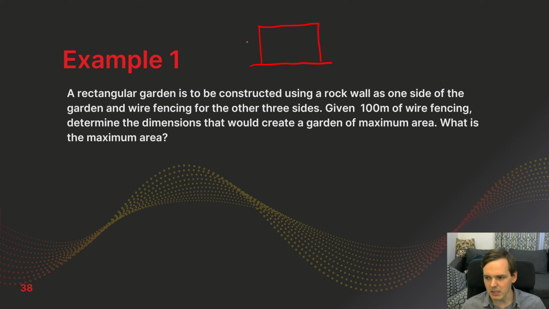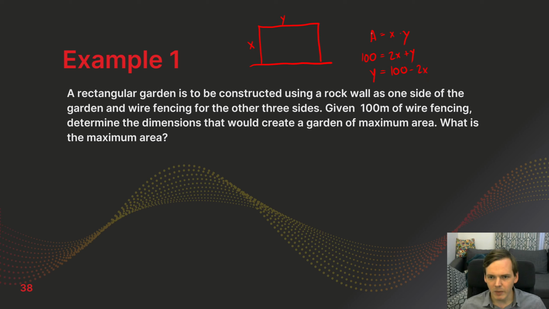As you've got that sketch in your notes, you can see that we'll just call these x and y. And so we know the area equals x times y, but we also know that 100 equals 2x plus y. Or in other words, as I've got it in the notes, y equals 100 minus 2x.